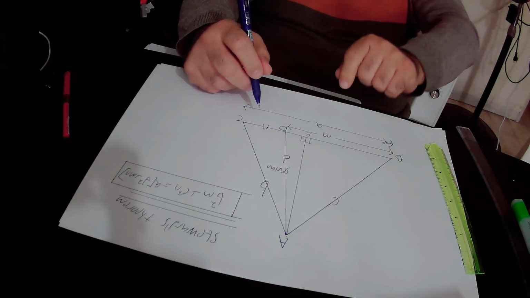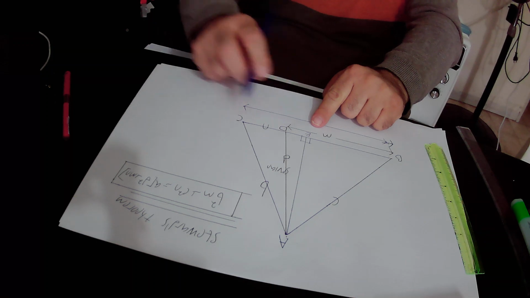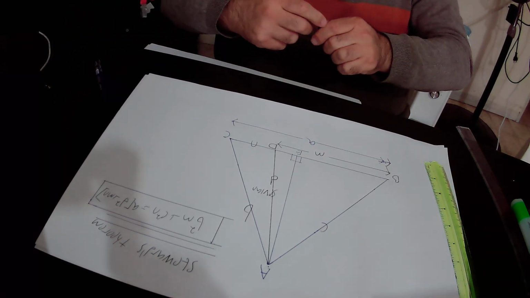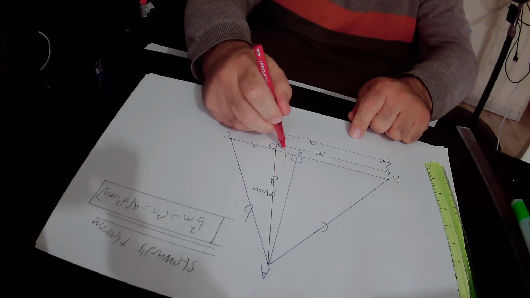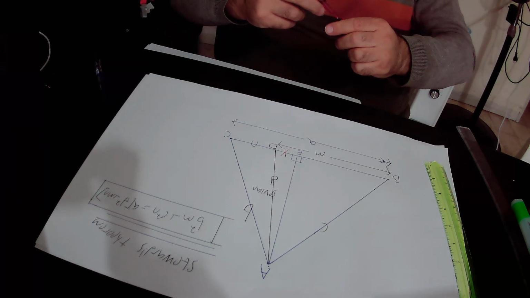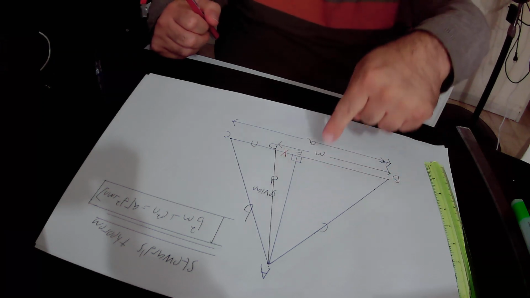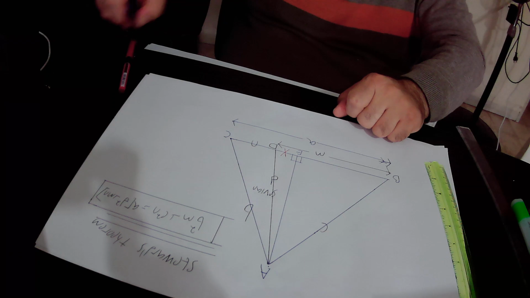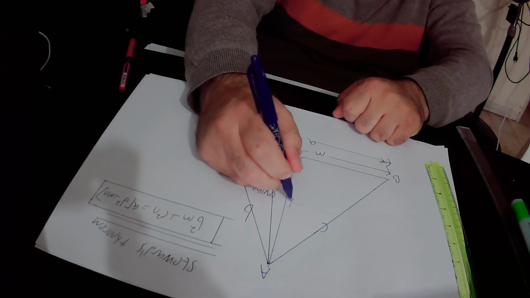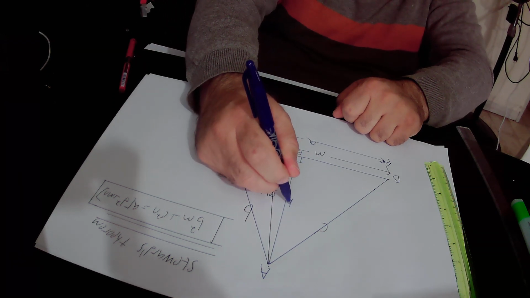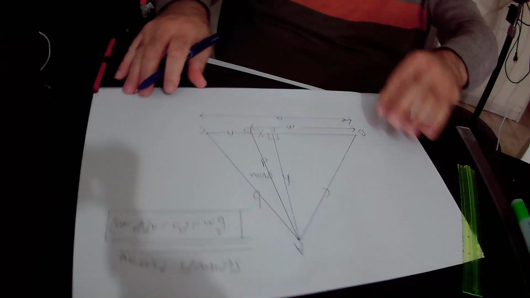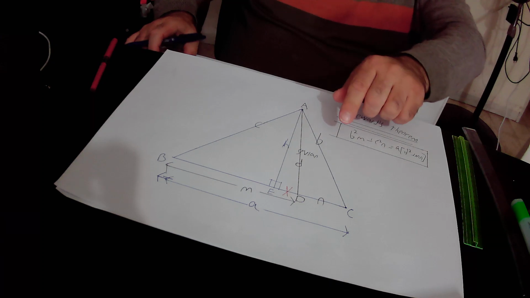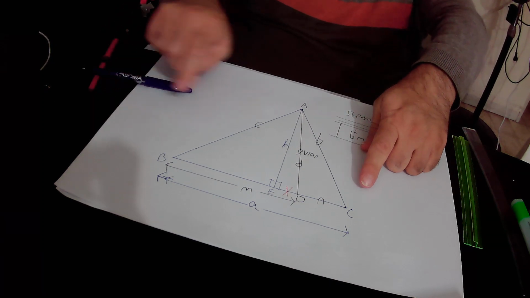In addition, we define this line segment ED as x. We'll also define the length of this line segment AE as h. And what is the length of line segment EC?